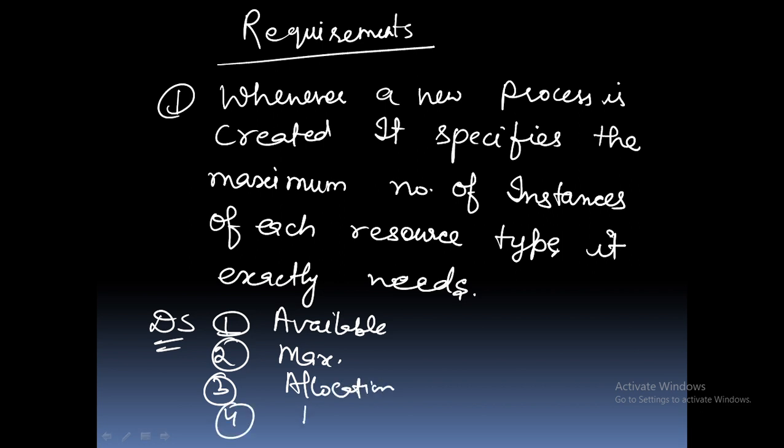And fourth is need. Available is a single dimensional array that specifies the number of instances of each resource type currently available. Available means currently available resources.